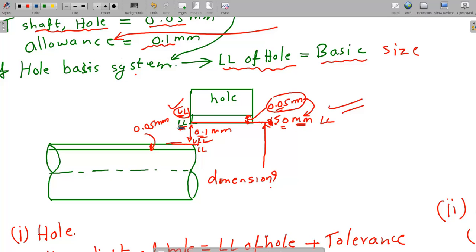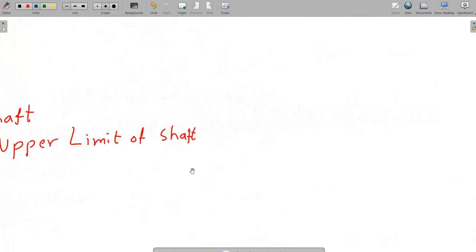So in this case my upper limit of a shaft will be 50, the lower limit, minus 0.1.